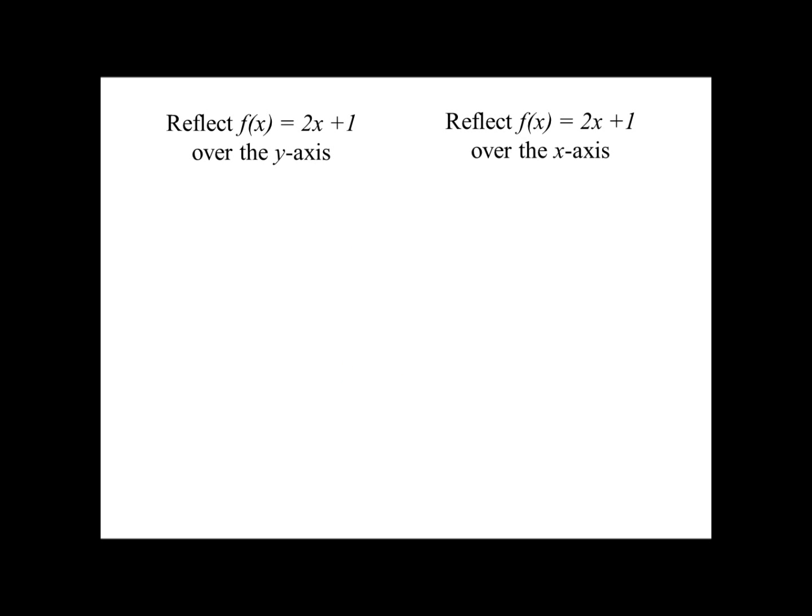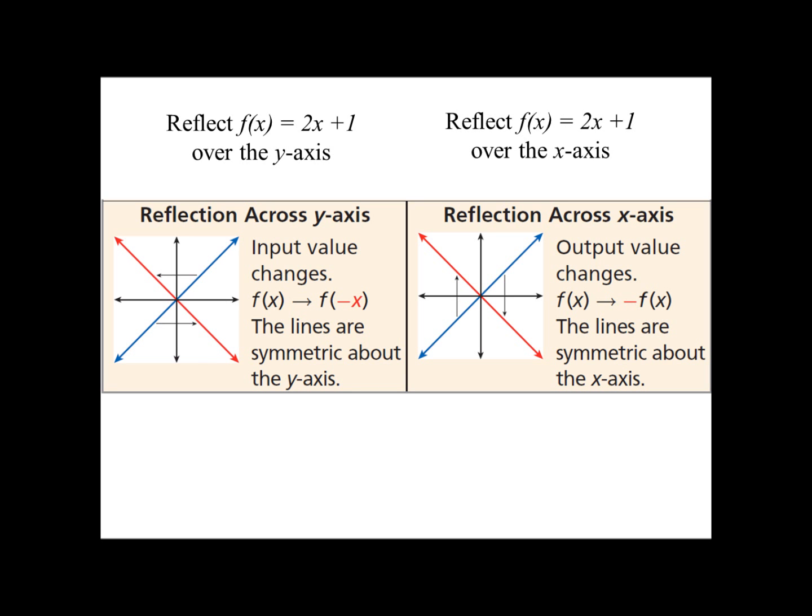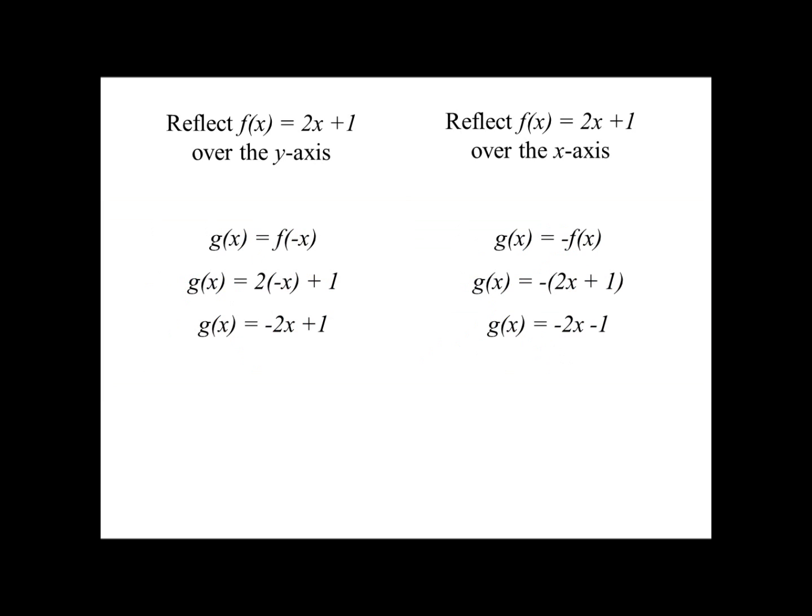All right, let's try a couple reflections. Let's reflect 2x plus 1 over the y-axis, and we'll reflect 2x plus 1 over the x-axis. So in order to reflect something over the y-axis, we'll put a negative inside with the x. To reflect it across the x-axis, we're going to multiply the whole function by a negative.